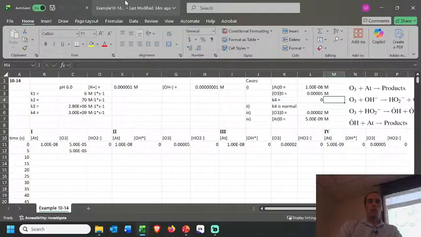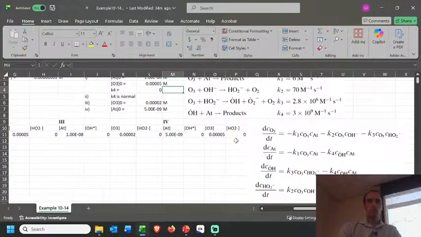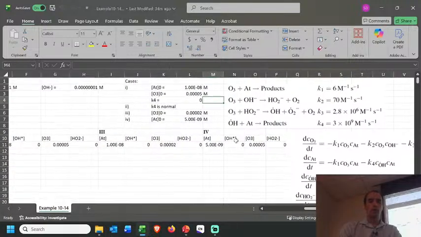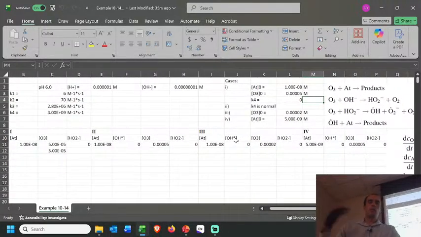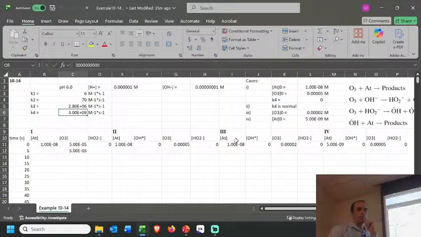We have all our reactions listed out there, and all that as a reference. And then parts 3 and 4 simply have the different initial conditions for ozone or atrazine. All right, otherwise, here are the rate constants and the initial conditions up here.